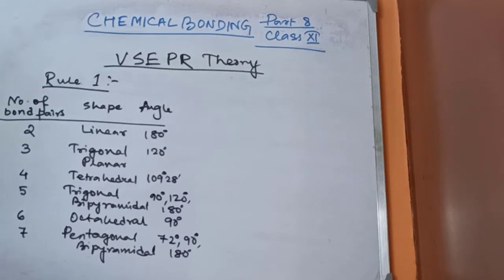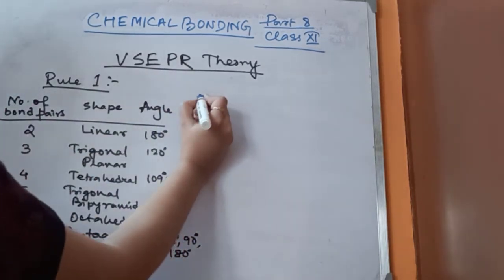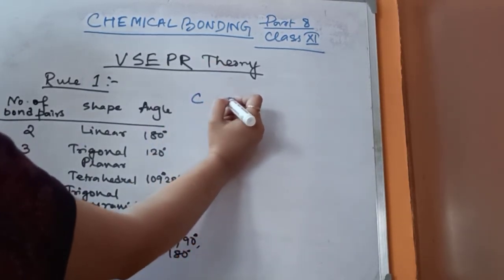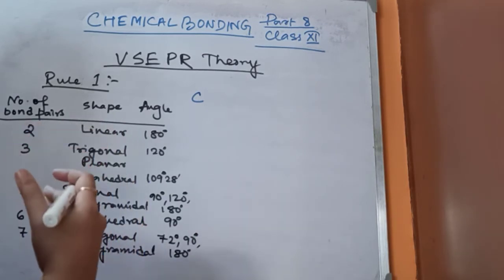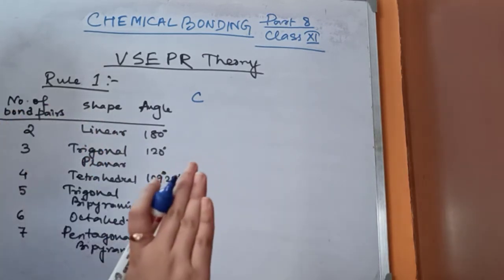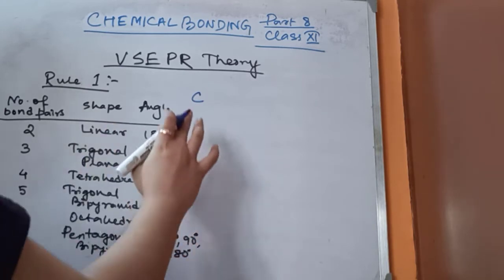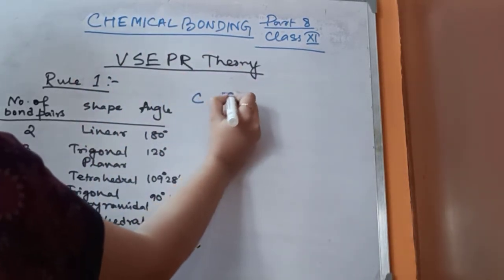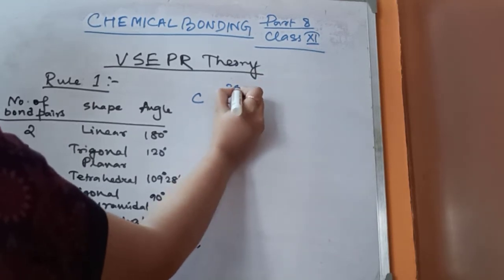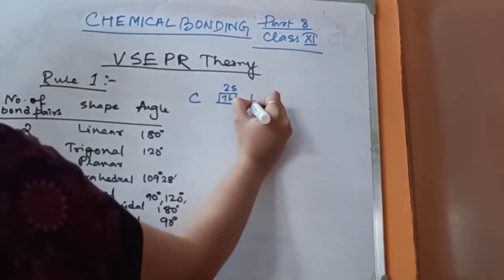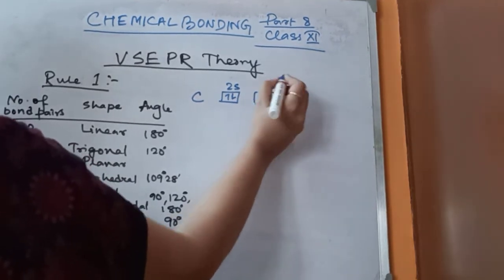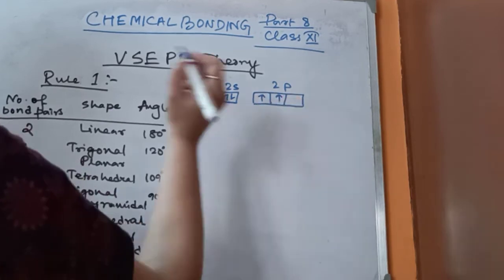Now I'll come to certain examples. See, this is carbon. I will not draw 1s because 1s is the inner orbital and that is not involved in bonding. Mainly for carbon, 2s and 2p orbitals are involved in bonding. So I won't draw 1s. This is 2s. We know that it is 2s2, 2p2 for carbon.